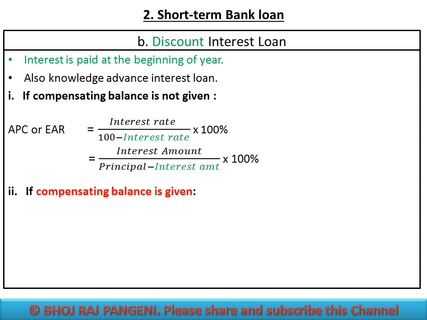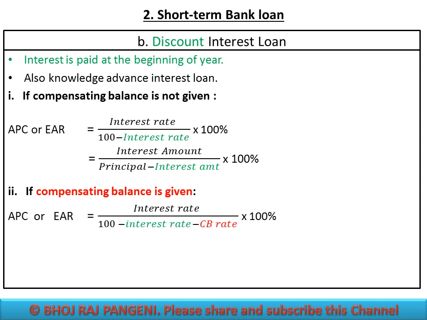And number 2, if compensating balance is given, then you have to deduct it: interest rate divided by 100 minus interest rate minus CB rate. In a discount interest loan, the interest is deducted, and if the compensating balance is given in the question, then the CB rate is also deducted.